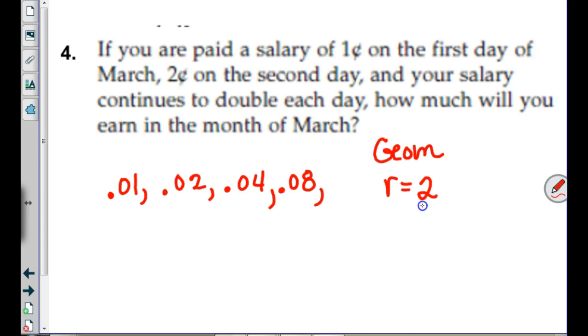Okay. How many days in March? 31. Okay. So let's just figure out what you'd make on the 31st day. Look at your sheet. What's the formula for a geometric sequence?